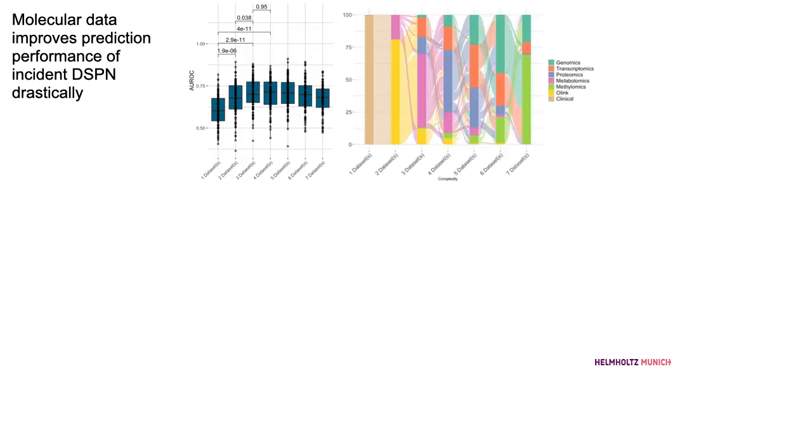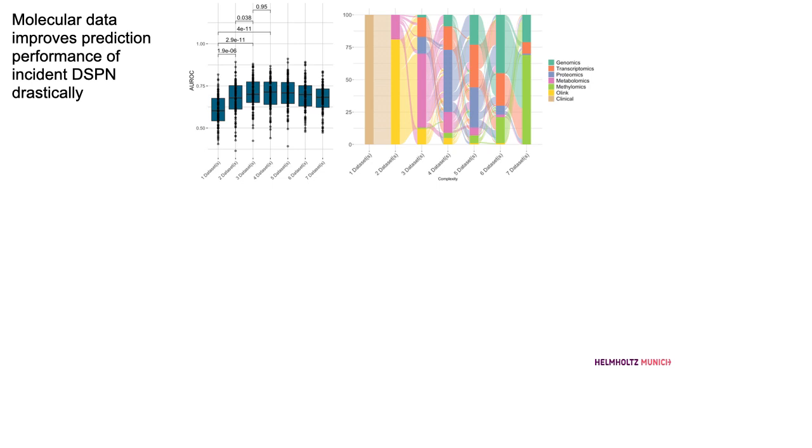This is the result of the prediction for incident DSPN. At first I forced the algorithm to choose only clinical data as a starting point. Then in the next iteration, I let the algorithm choose the best addition to the model complexity at each step.